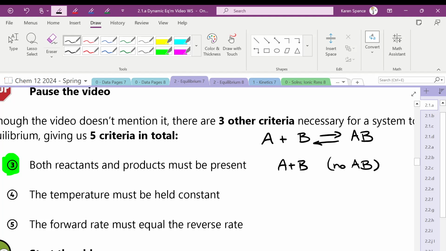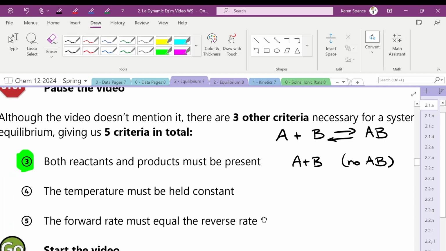So you cannot be at equilibrium if you don't have product to break apart. The AB has to be able to break apart into A plus B. So even though it sounds a little bit obvious, it's true.